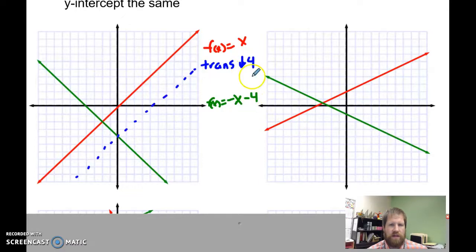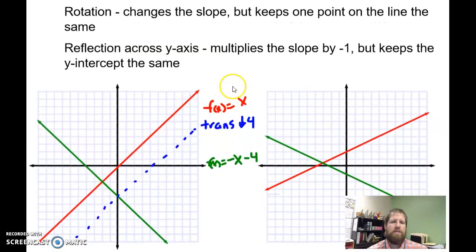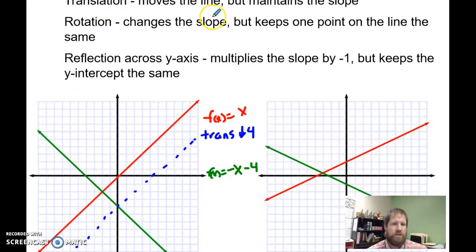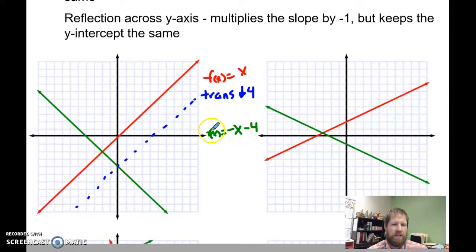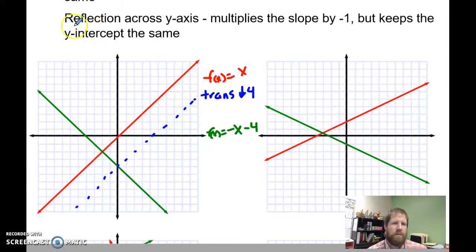I have my -4, that's my translation. The negative slope, well, if it's a negative slope, it's probably just a reflection. It actually could have been a rotation. I could say that this was a rotation, a whole 180 degrees, but in this case it probably makes more sense that it would just be a reflection.